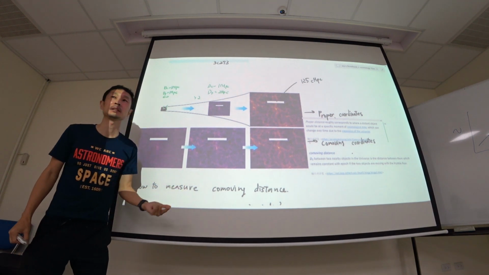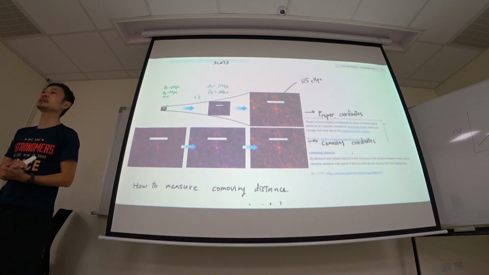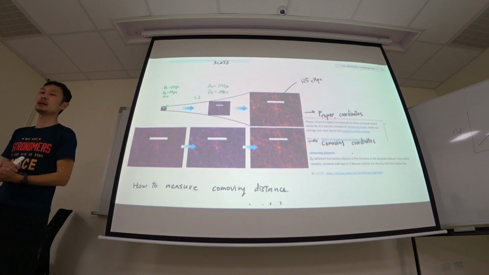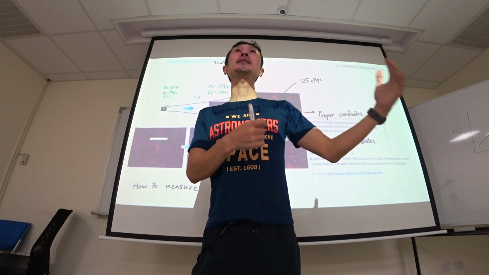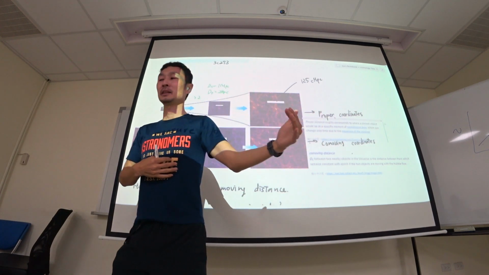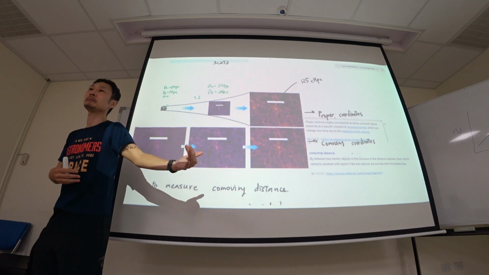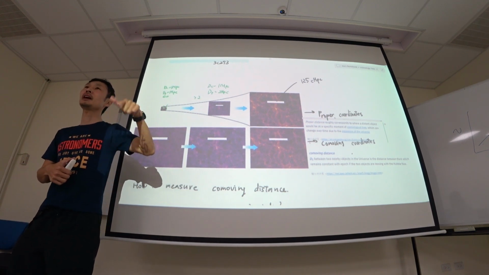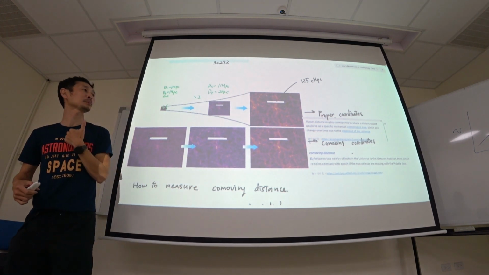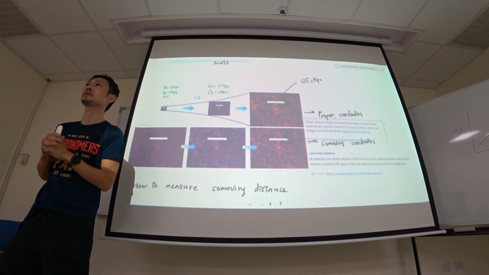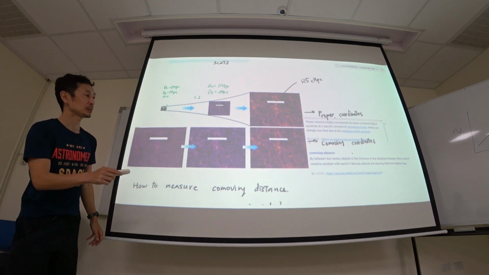Co-moving coordinates expand with the universe. So say the distance between me and Andy is 1 meter, and even if the expansion of the universe moves us away, it's still 1 co-moving meter. In these coordinates, we can separate out the expansion of the universe. That's why we often use it.